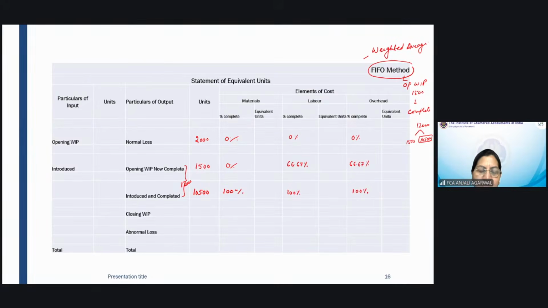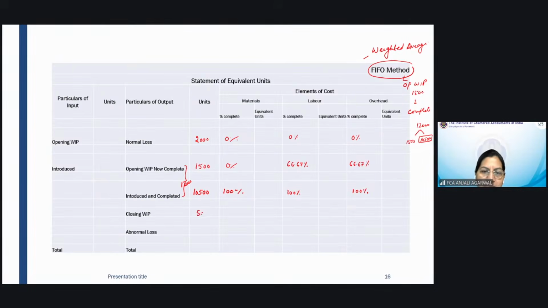So you can see the difference. Opening WIP was already complete as far as material is concerned, so you did not put any effort here. But labor and overhead was one-third complete, so two-thirds effort you will put here. Whatever was introduced and completed was done 100% in this period only.